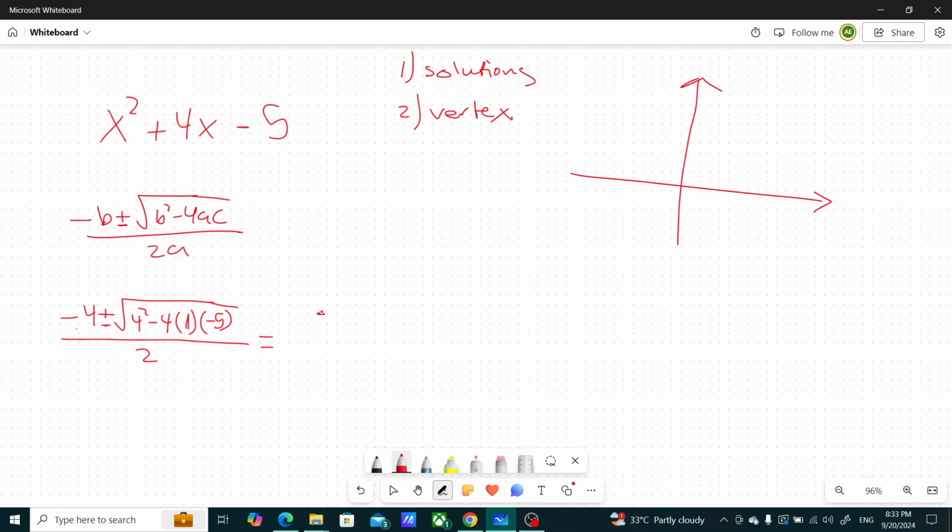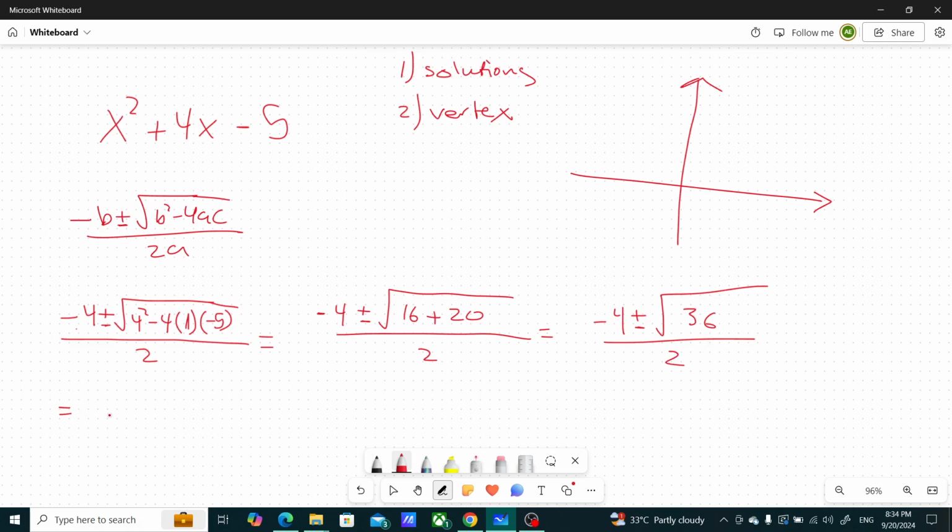So this is going to equal minus 4 plus or minus square root of 16 minus, negative 4 times 1 is negative 4, negative 4 times negative 5 is basically plus 20, over 2. So then we have minus 4 plus or minus square root of 16 plus 20 is 36, all over 2. This is going to equal minus 4 plus or minus square root of 36, which is 6, over 2.